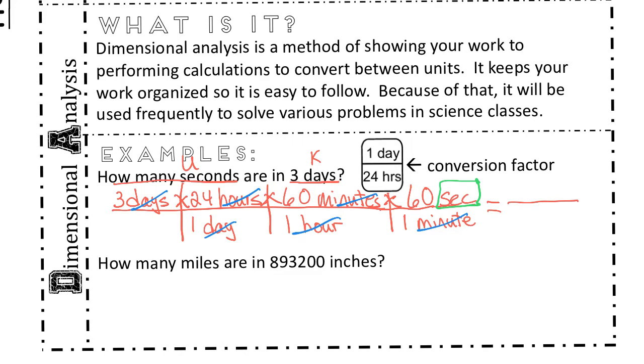And when you do that, you're going to get 259200. And when you do the numbers together at the bottom, it's going to be 1 times 1 times 1, which puts it all over 1. So you're going to have 259,200 seconds. And it's important, of course, to put seconds on here.